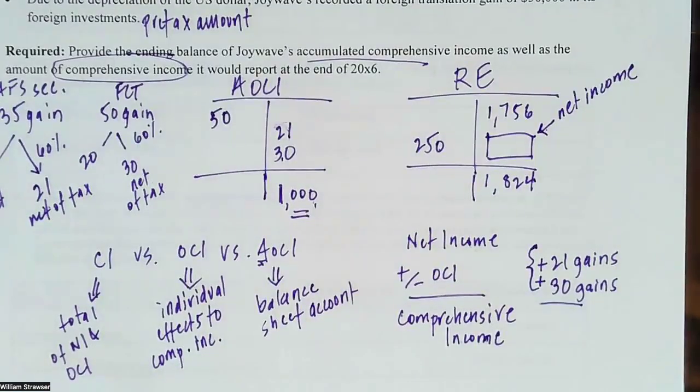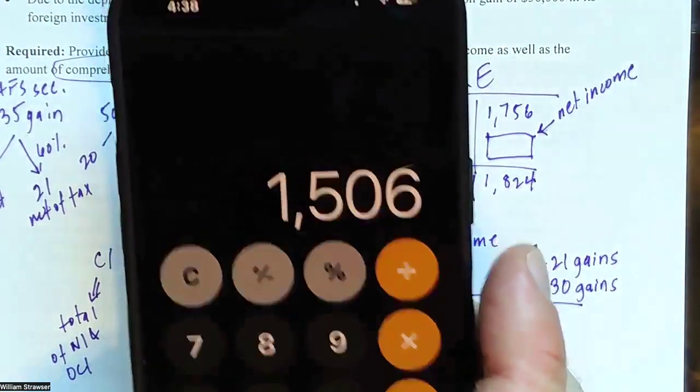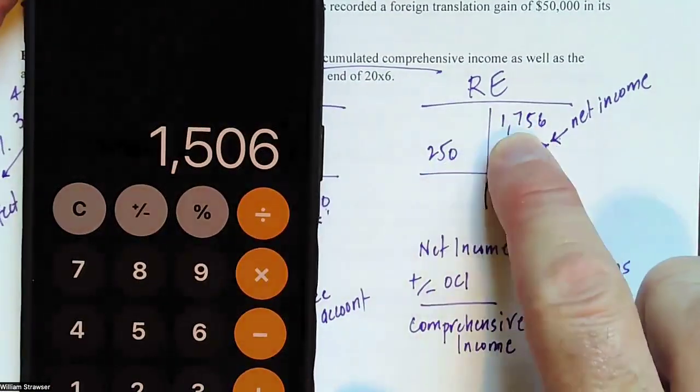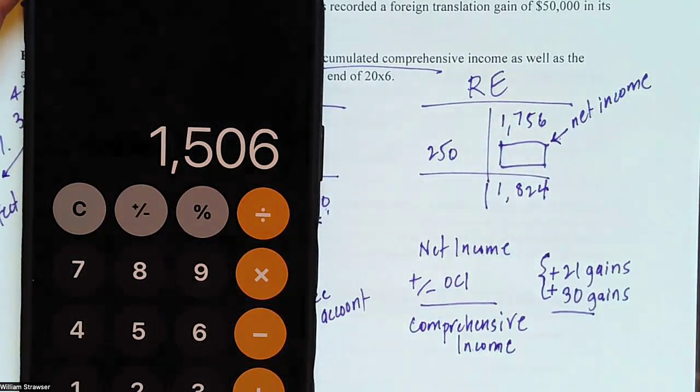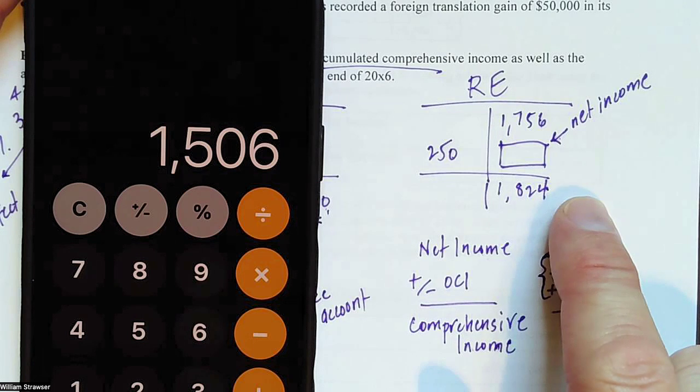And if we solve for that, what we would do is take 1,756,000, that's our beginning balance, subtract off the 250,000, and what that gets us is 1,506,000. But obviously, that's just those two effects together. Now, our ending balance is 1,824,000.